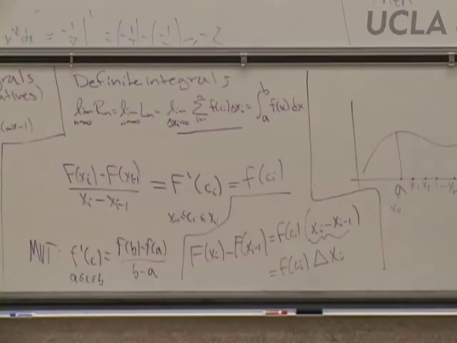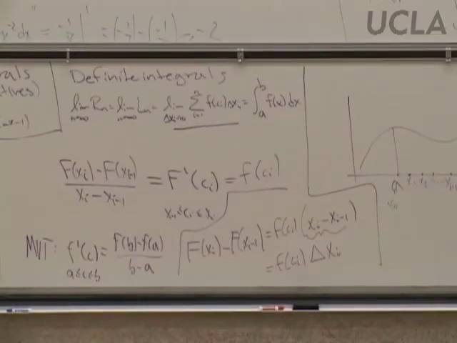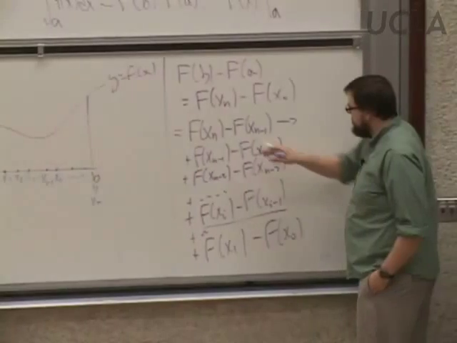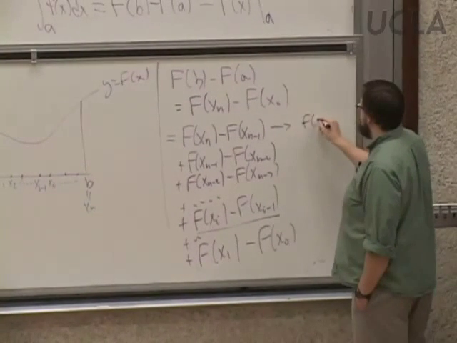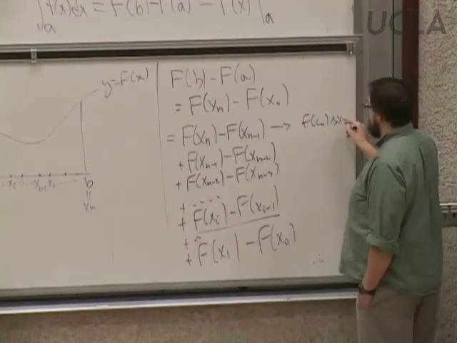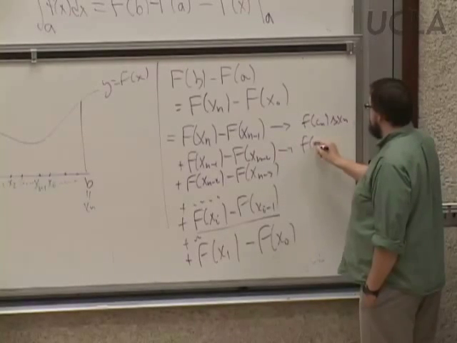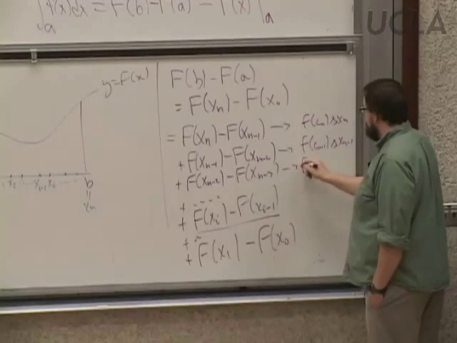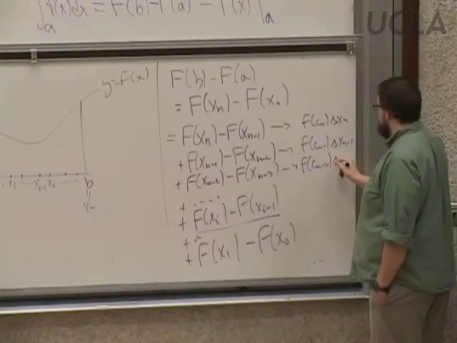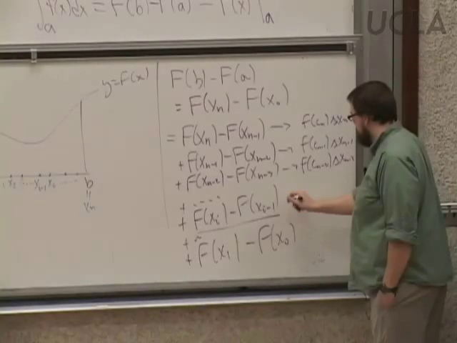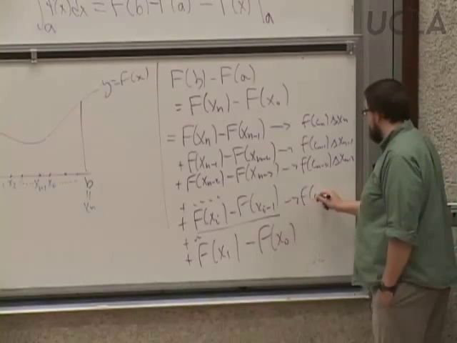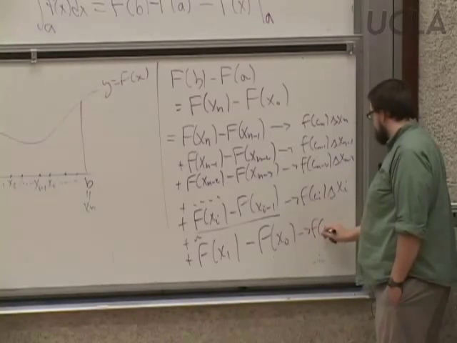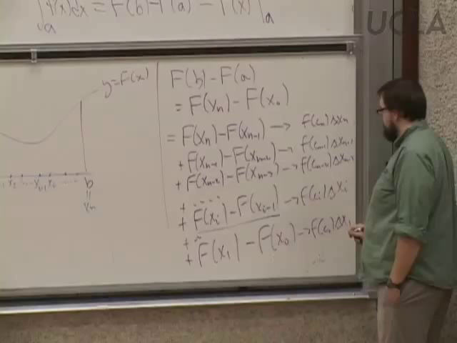So that tells me that this f of b minus f of a, which I just rewrote here, and then I added and subtracted things, each one of these little pieces here, this, for instance, becomes f of c_n delta x_n. This becomes f of c_{n-1} delta x_{n-1}. And just all the way down. So this is f of c_i delta x_i, and keep going, you get to f of c_1 delta x_1.